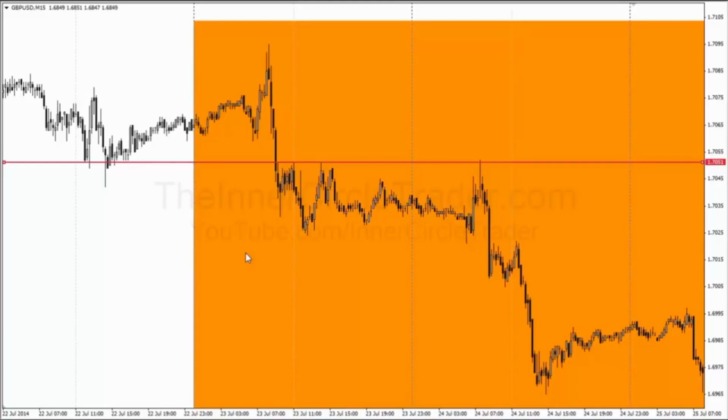Based on the three primary profiles, which is consolidation, which is range bound, and you see that here. Here's consolidation, reversal, trend, consolidation.